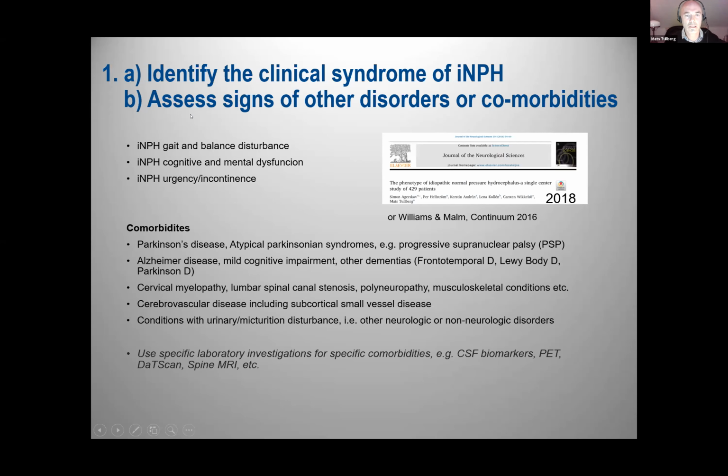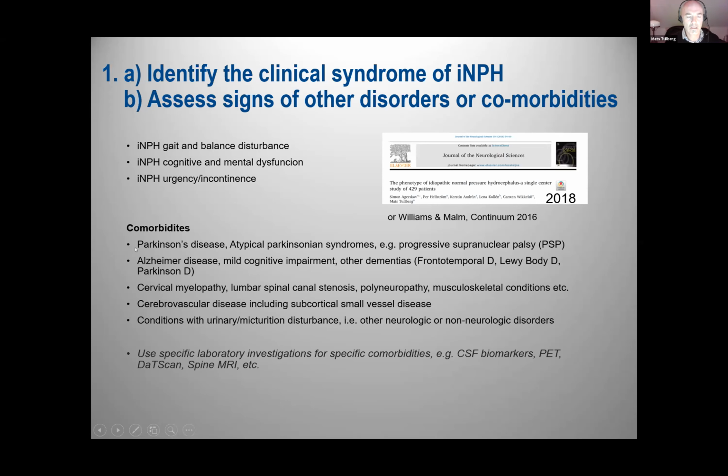Also, we need to assess signs of other disorders or comorbidities, because that can explain the clinical picture, or it can be a coexisting disorder with impact on prognosis and outcome. And some of the most important comorbidities are listed below here.